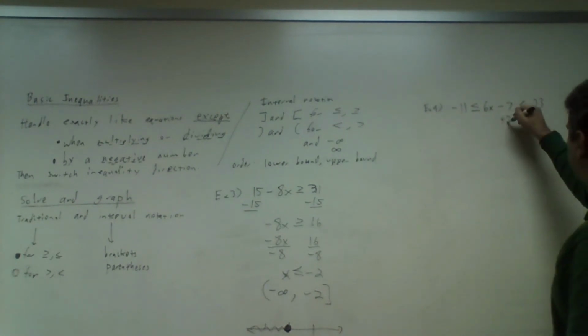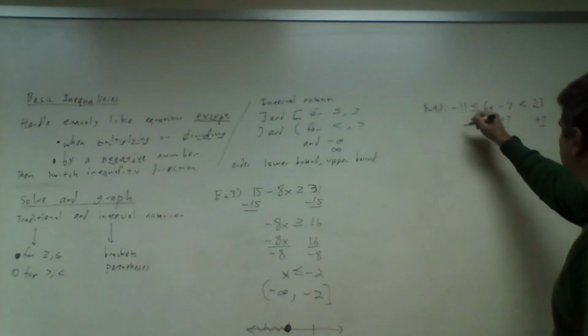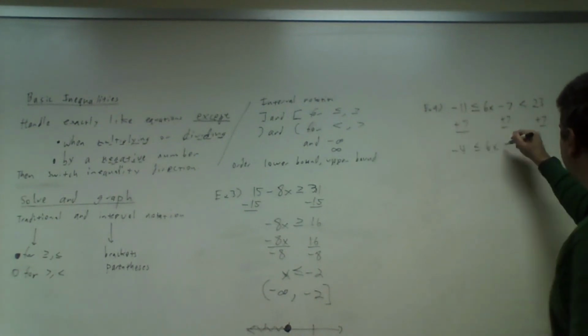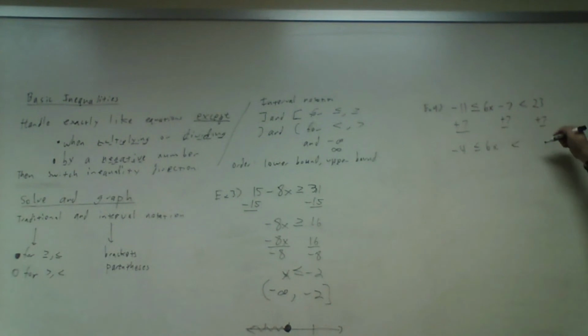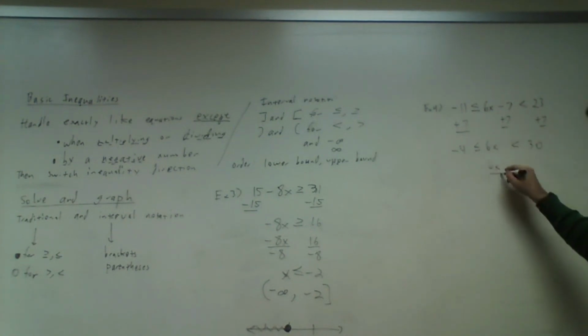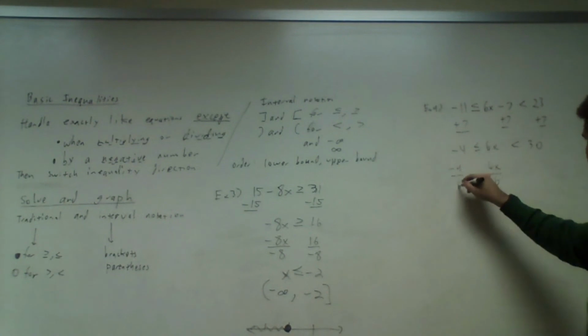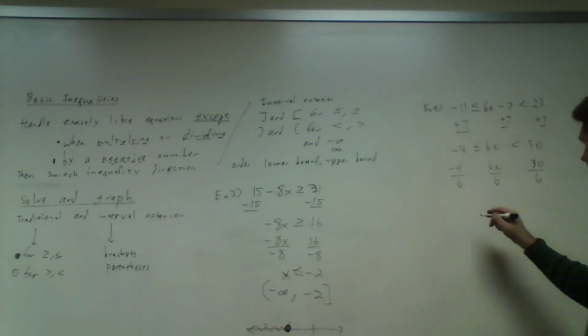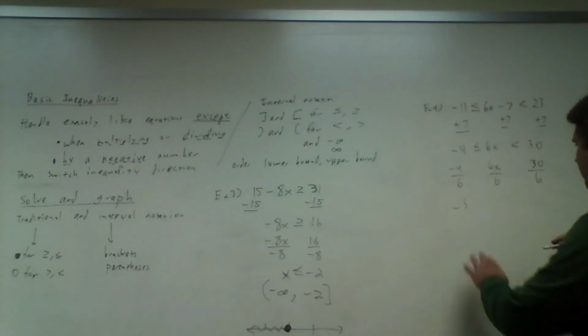What you're going to want to do is add 7 to both sides. We get negative 4 is less than or equal to 6x, which is less than 30. Divide off the 6.